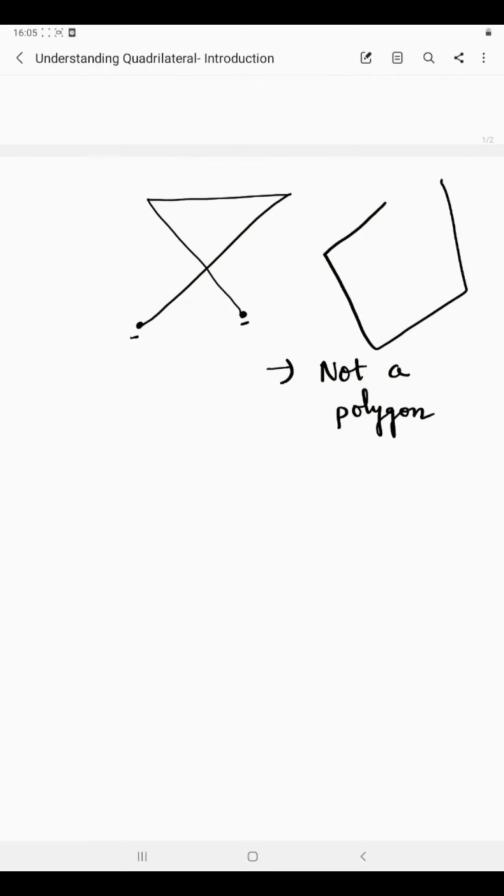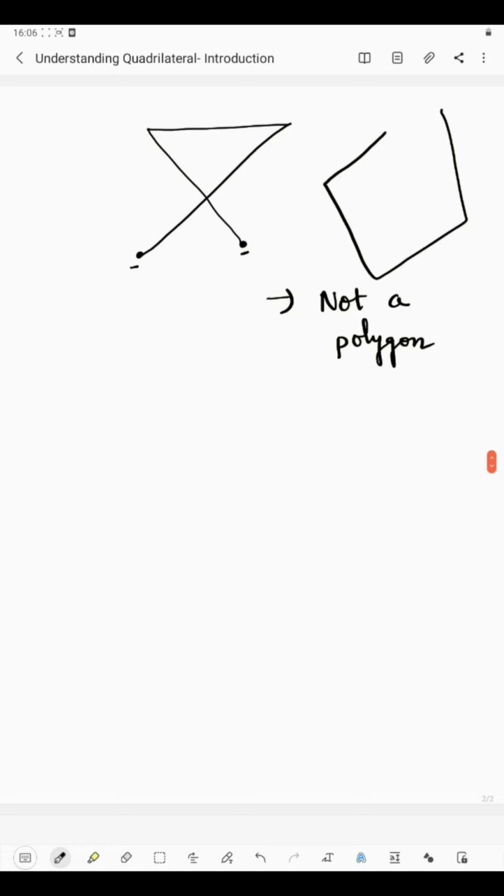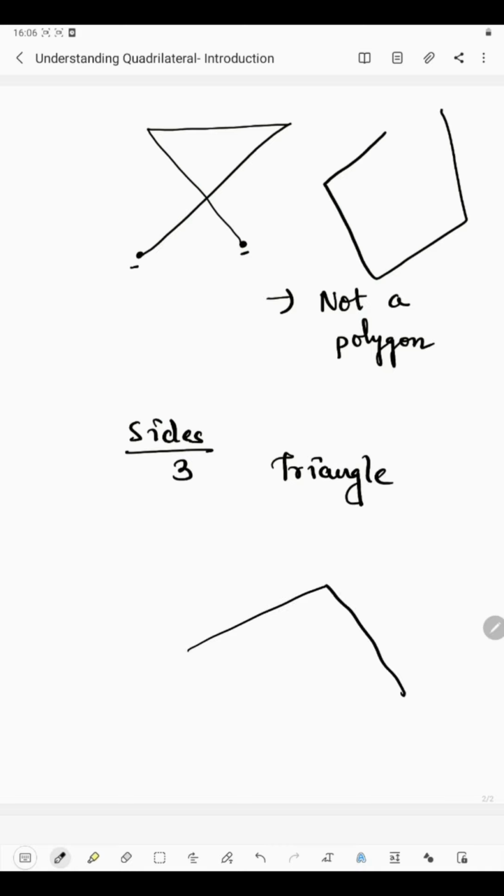Now we can classify polygons according to the number of sides they have. If the number of sides is 3, then which type of polygon is it? It will be a triangle. With 2 sides we cannot get a polygon, because we cannot get a closed figure using 2 sides. Now a 4-sided polygon is known as quadrilateral.